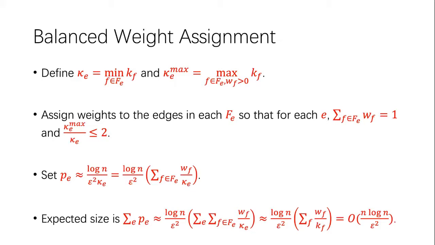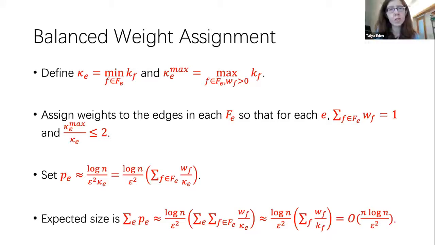But I don't know if it's computable in polynomial time. So we just prove it exists. But for any 1 plus epsilon, we can find such one in polynomial time, also in epsilon. Thank you. Yeah.